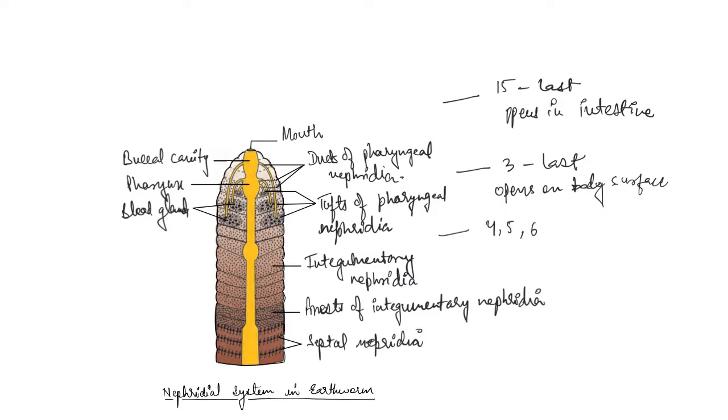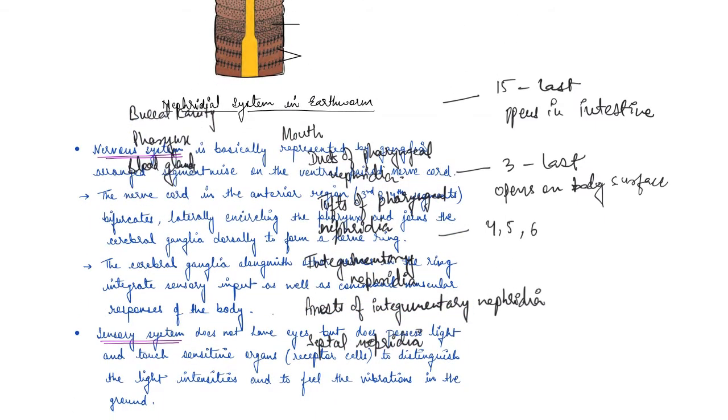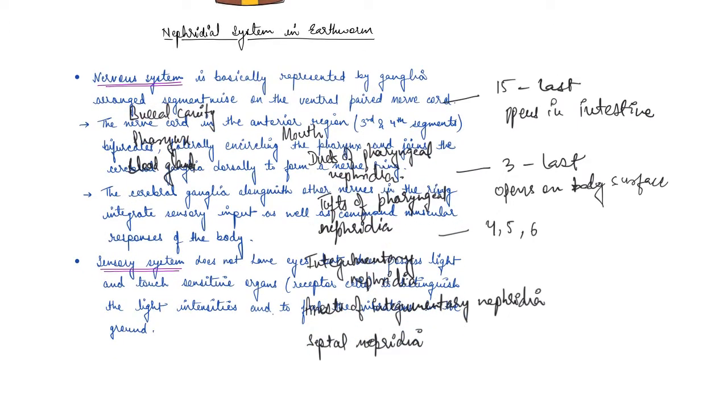Now next is the nervous system. So basically guys, the nervous system consists of ganglia, and these ganglia are arranged segment-wise on the ventral paired nerve cord. So you have ganglia and you have the nerve cord as part of the nervous system.